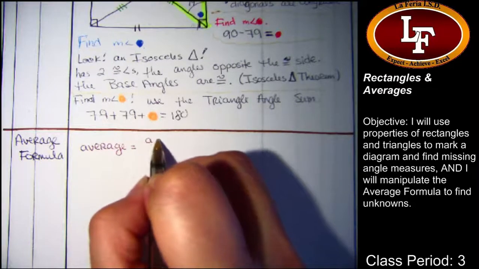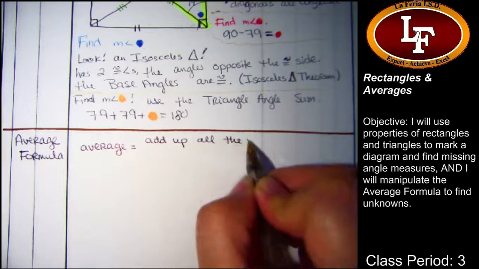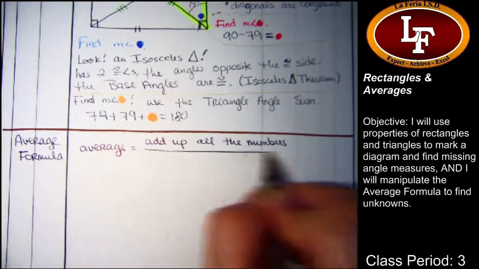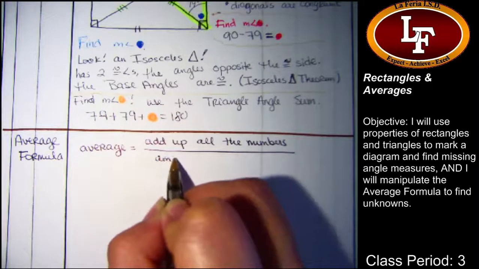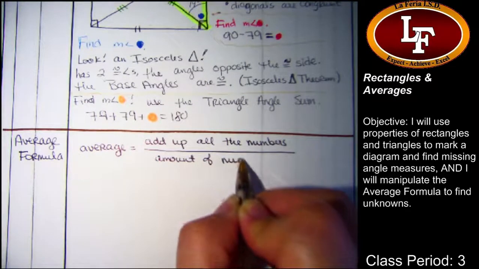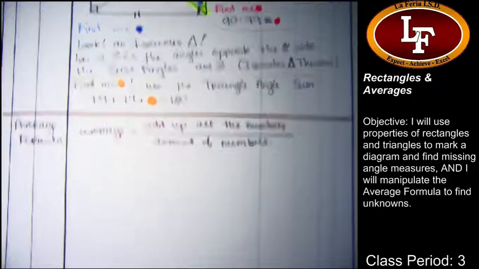All right, so add up all the numbers, and we're going to divide it by the amount of numbers. Because the number of numbers just sounds weird. Okay, so the amount of numbers.